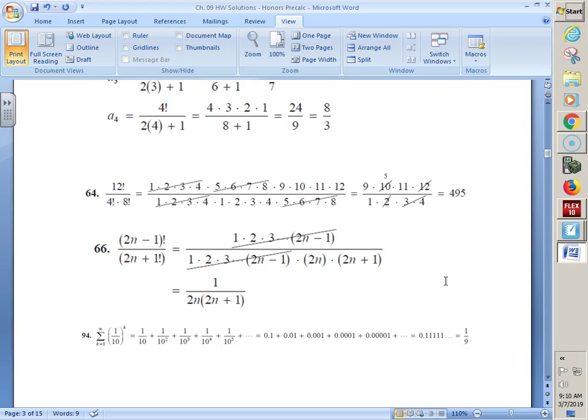8 factorial has, well, okay, there was another set of 1 through 4 that wouldn't have canceled, but 5, 6, 7, 8 would have canceled. And then you get all kinds of fun being like, okay, well, hold on. I've gotten rid of 1 through 8, but I could have some fun in the sense of 2 can reduce with 10, 3 can reduce with 9, and 4 can reduce with 12.